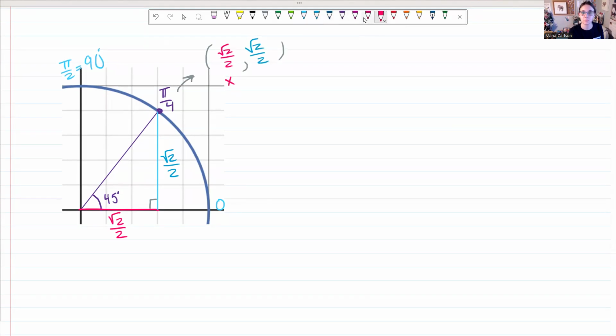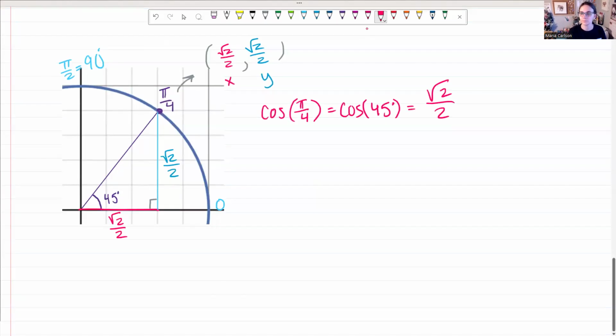So this then tells me the sine and cosine of a 45-degree angle. So cosine of a 45-degree angle, or pi over 4, is equal to the x value, which is the square root of 2 over 2 at this point.